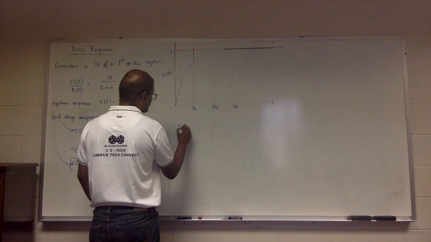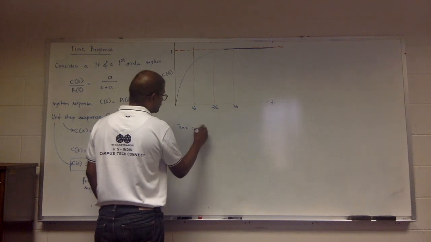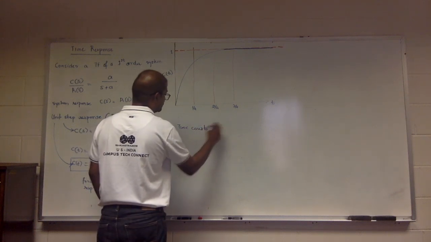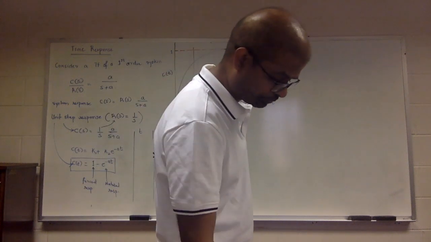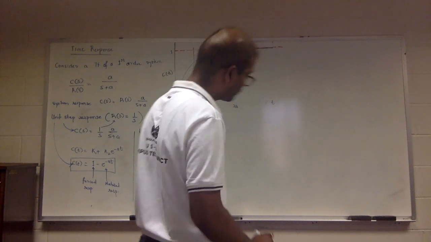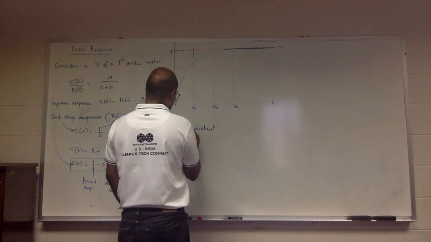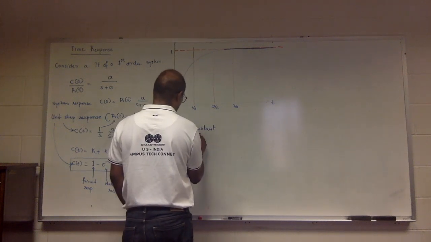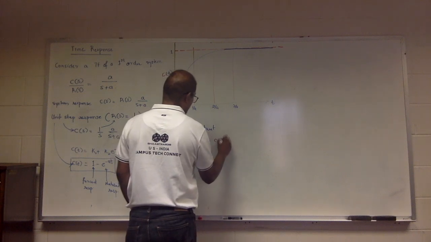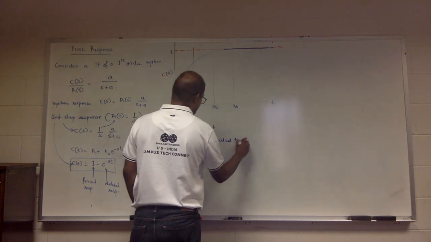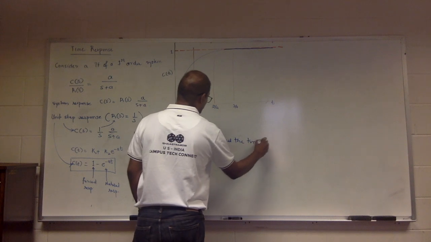The first thing we define is the time constant, and the time constant is simply 1 over a.